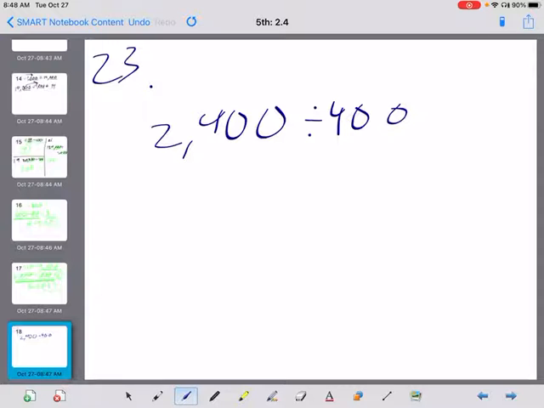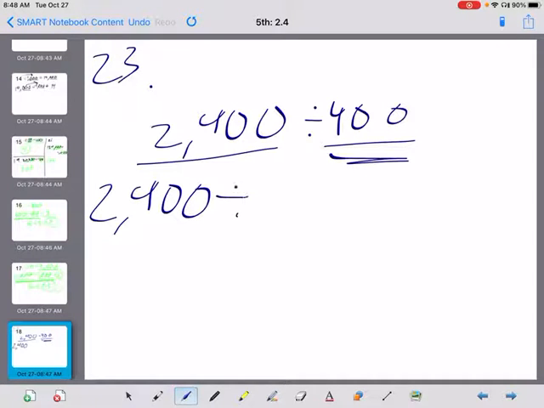All right, and we're back. So I've got 2,400 divided by 400. I'm going to break apart this second number here. So I've got 2,400 divided by 100 divided by 4. I always put that 100 or 1,000 or whatever, 10, whatever it is, that's that first one.